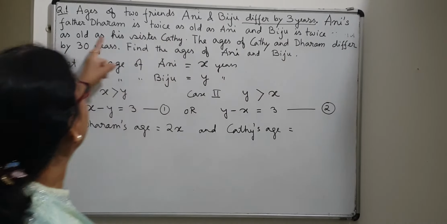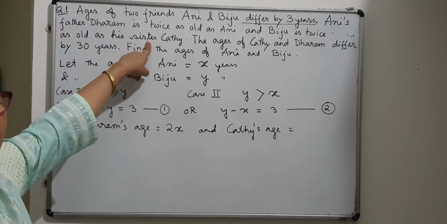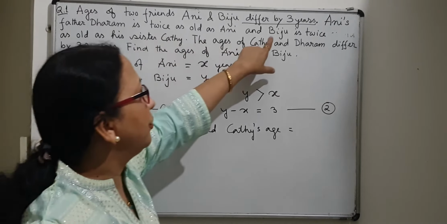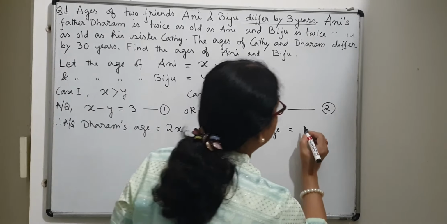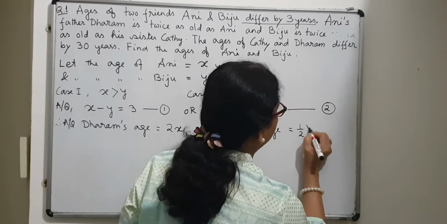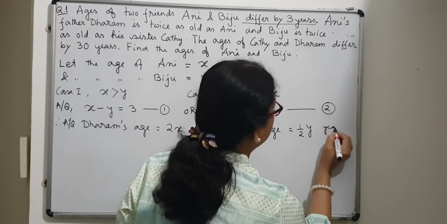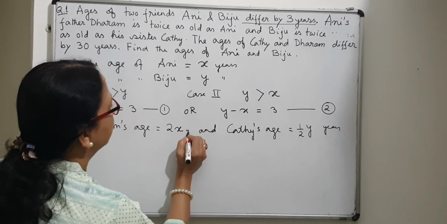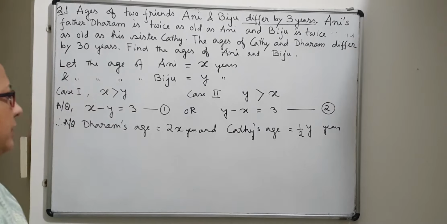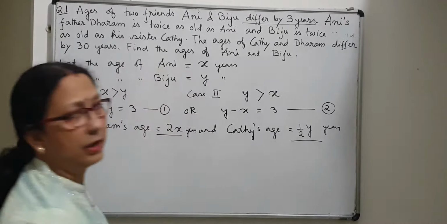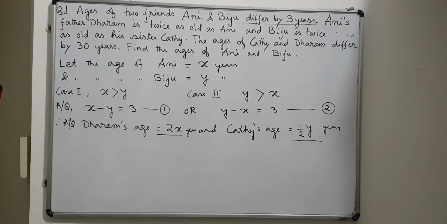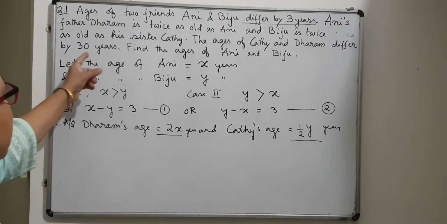Therefore the sister will be half the age of Biju. Biju's age is y years, so Kathy's age is y by 2 years. Okay. So Dharam is 2x and Kathy is y by 2 according to the question. Now I will be able to write the next equation.